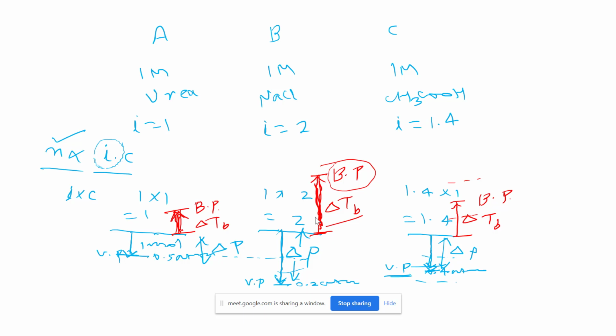Vapor pressure is decreased, so when the change in vapor pressure is more, the vapor pressure is less. Freezing point is decreased, so when the change in freezing point is more, we get the minimum value of freezing point. And osmotic pressure will increase, so the osmotic pressure change will be more for more change. So there are 4 colligative properties, in which 2 increase on addition of solute and 2 decrease on addition of solute.